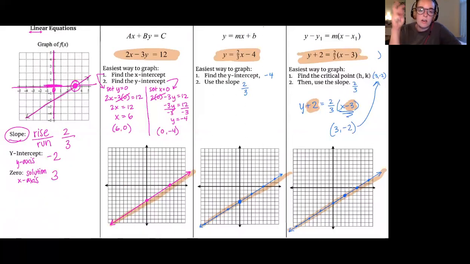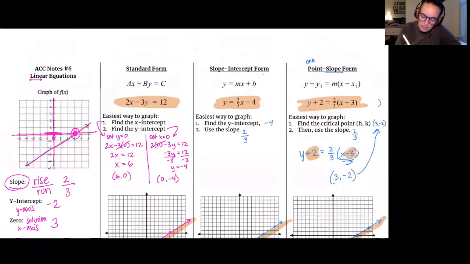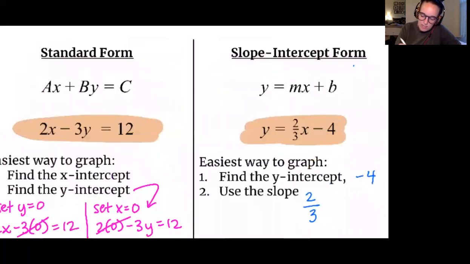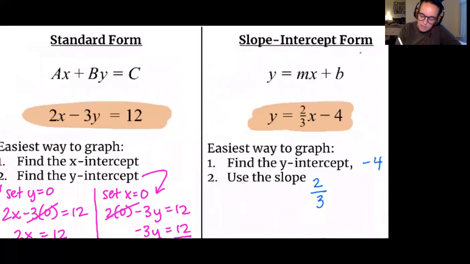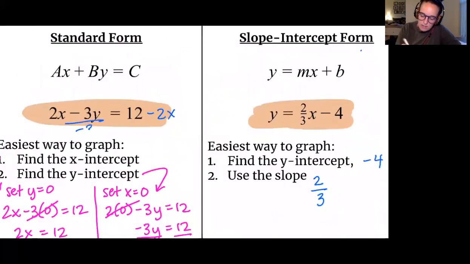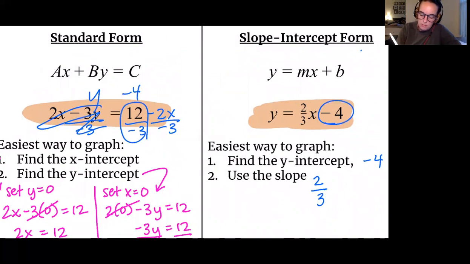If we were to move the 2x over here and then divide by -3, this would just be y, this would end up being -4. There's that -4. And this would be positive 2/3 x, positive 2/3 x. So we can see that those are related to each other, right?